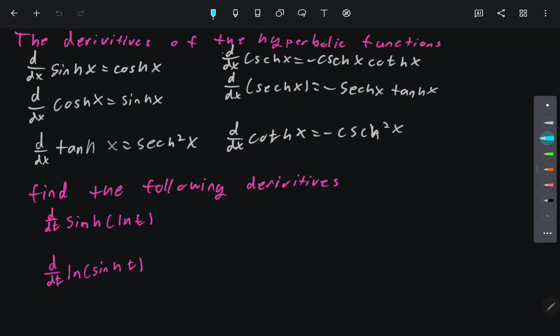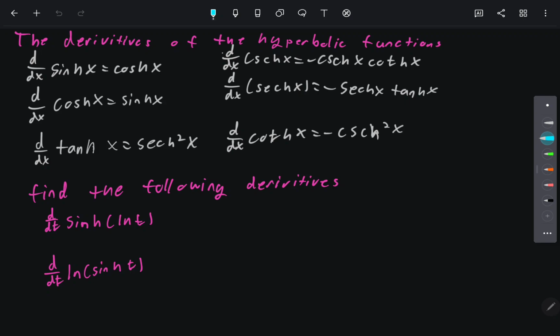The derivative of the hyperbolic cosecant of x is equal to negative hyperbolic cosecant of x times the hyperbolic cotangent of x. The derivative of the hyperbolic secant of x is equal to negative the hyperbolic secant of x times the hyperbolic tangent of x, and the derivative of the hyperbolic cotangent of x is equal to the negative hyperbolic cosecant squared of x.